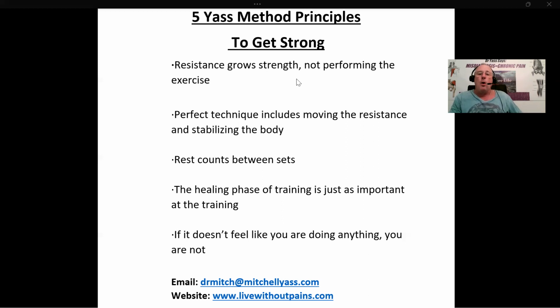Okay? Perfect technique includes moving the resistance and stabilizing the body. What I'm referring to here is that I see a lot of people who have a rough idea of how to move one joint in one direction, but they're doing it in ways where they're highly unstable.